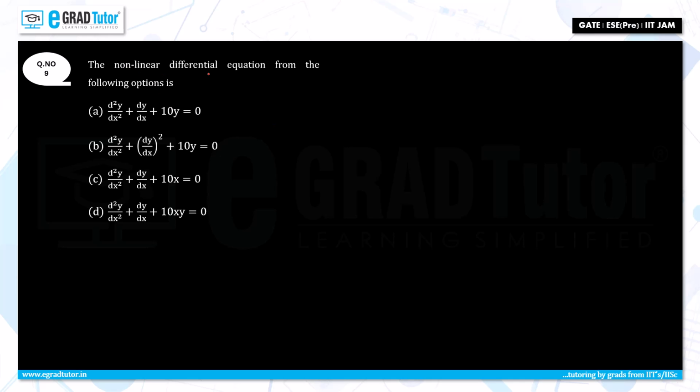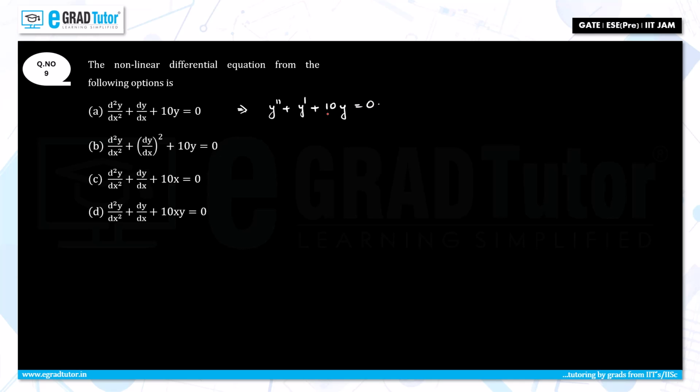The non-linear differential equation from the following options is, he is asking for the non-linear differential equation. So you can write y double dash plus y dash plus 10y equal to 0.